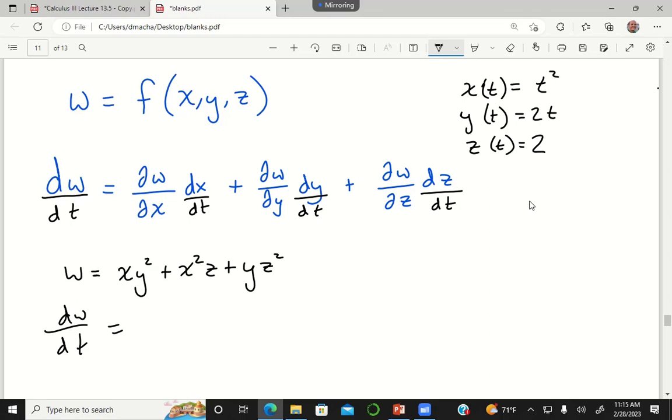Okay, so yeah, y squared plus 2xz, perfect. Then I have to multiply times dx dt. What is dx dt? 2t, yeah. And then plus partial w with respect to y.